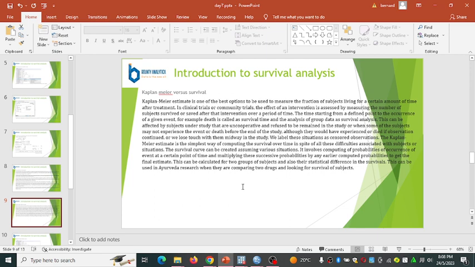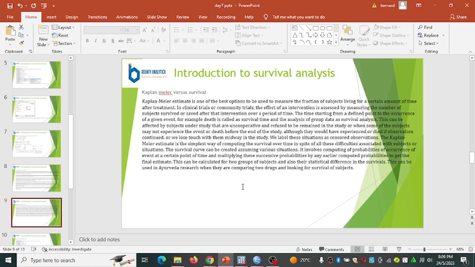So the survival curve can be created assuming various situations. For example, it involves computing probabilities of occurrences of events at a certain point of time and multiplying these successive probabilities by any earlier computed probabilities to get the final estimates.